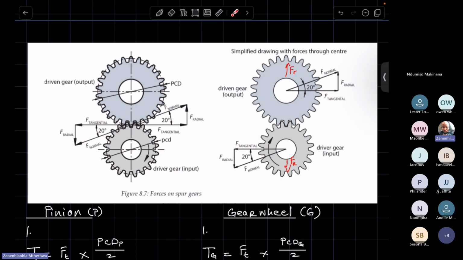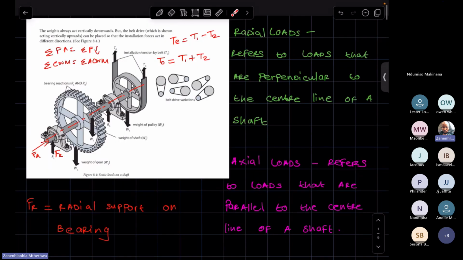Depending on which of these three forces is perpendicular to the line of action, that is the force you would then use in calculating the reactions at the supports. Hence, as I said, you get bearings that are able to support both radial loads and axial loads.